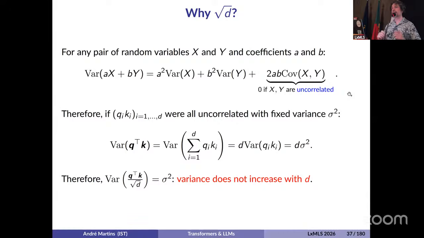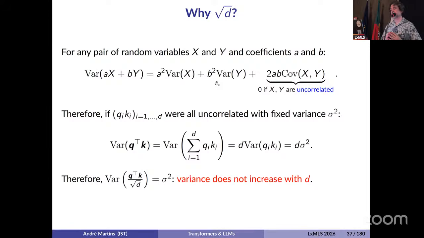If x and y are uncorrelated, which is going to be the case if they are independent, but not the other way around, this covariance is going to be 0. So basically the entire thing reduces to a combination of the variances, where we get a squared and b squared as the coefficients.